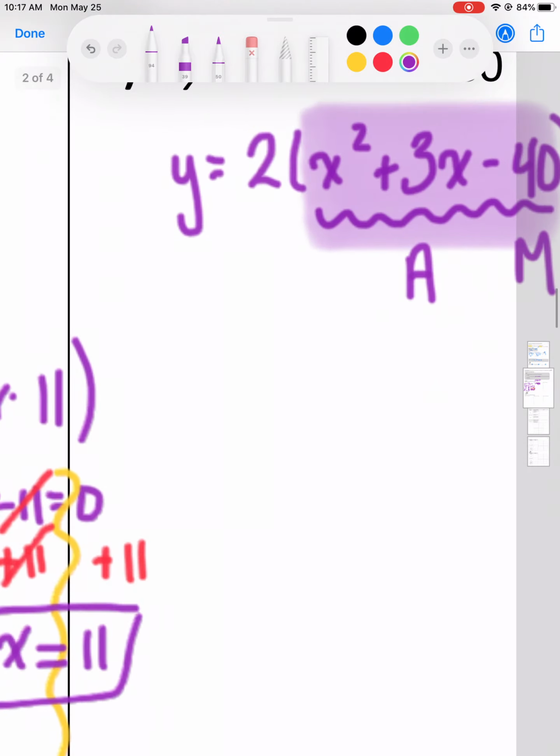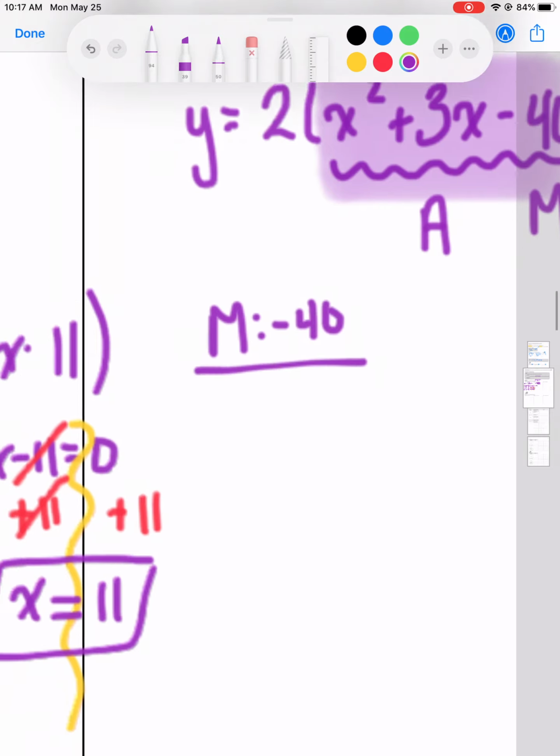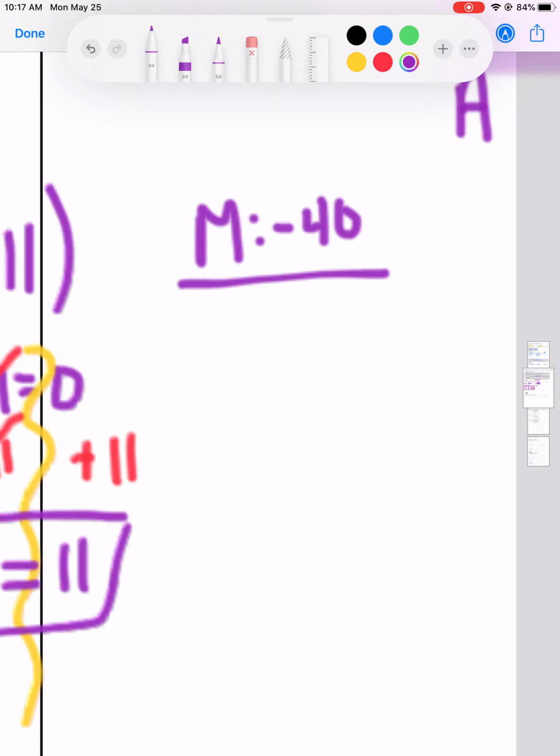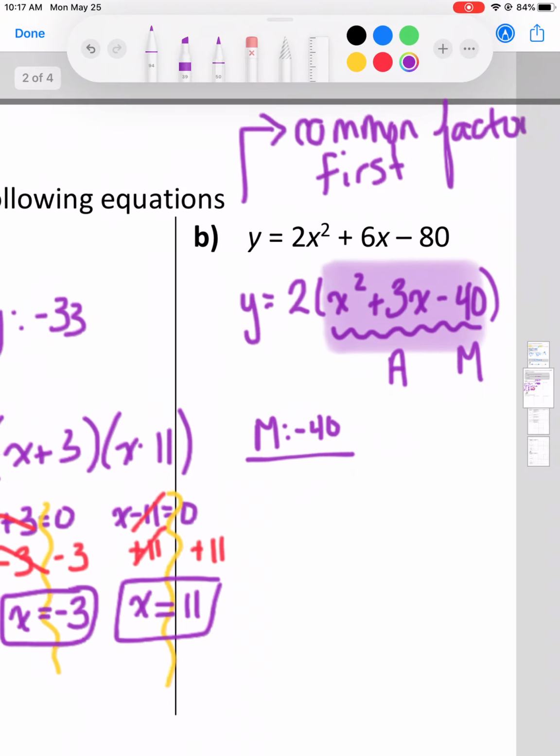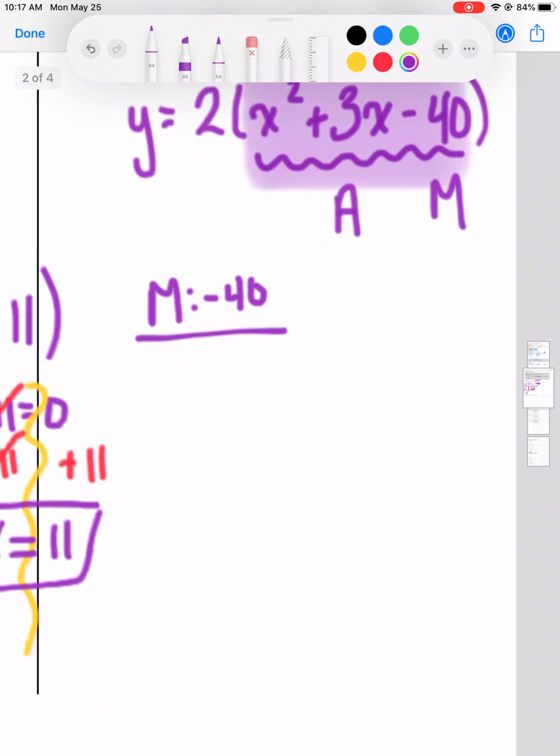So again, you can find your factor chart, find your flow chart. So that multiplies to negative 40. So what do I have? So remember, it's a negative, so one number has to be positive, one number has to be negative. If you use your flow chart, you're going to find that the bigger number has to be positive.